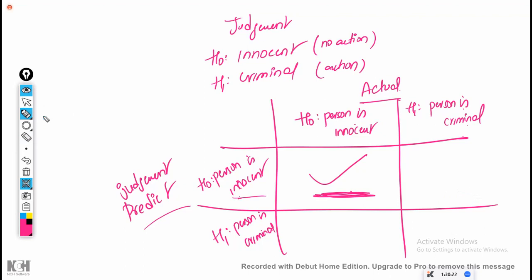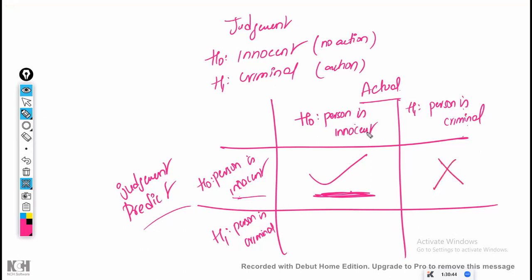If the evidences are not there, what can he do? Though he knows that murder was done and this person only has done the murder, if there is no evidence, what can we do? We can't do anything, right? So they are going to say that this person is not a criminal, he is innocent, and he will leave. Which means he has given a wrong judgment.